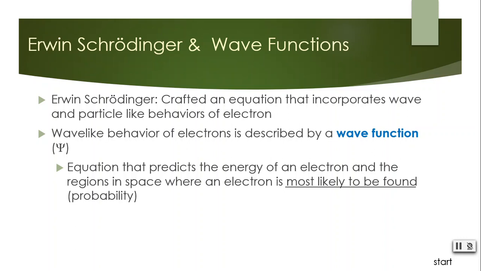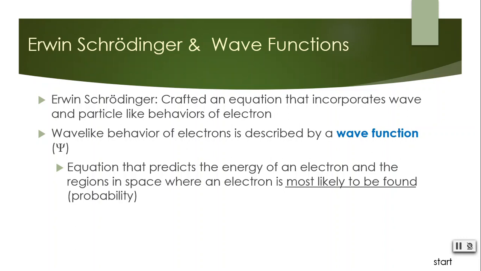But we also saw that electrons have wave-like properties. That was seen in the double-slit experiment. And we also saw that as wonderful as the Bohr model is of the atom, that thought about electrons mainly as particles, that model in and of itself was insufficient with atoms that have more than one electron.